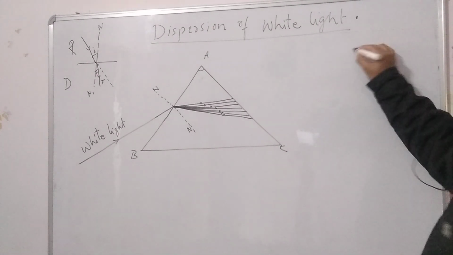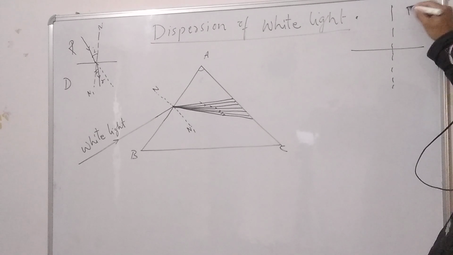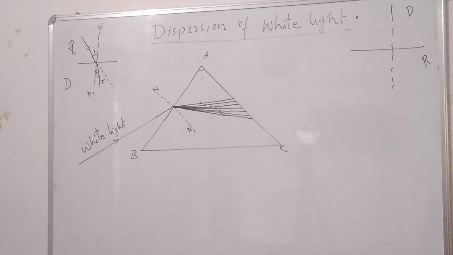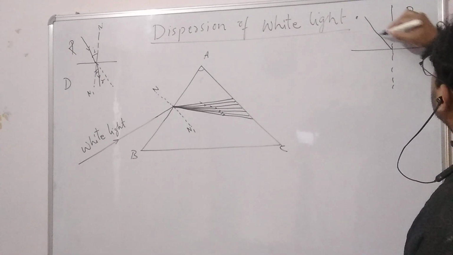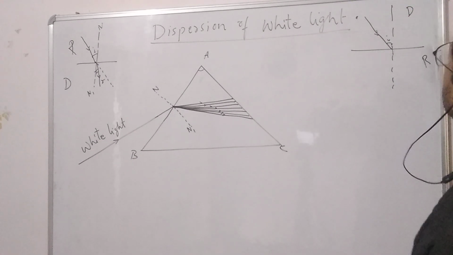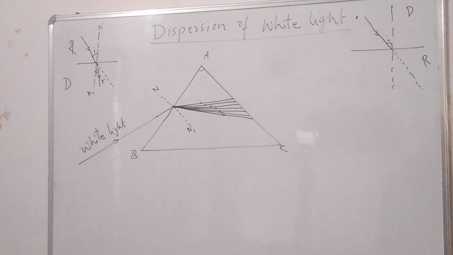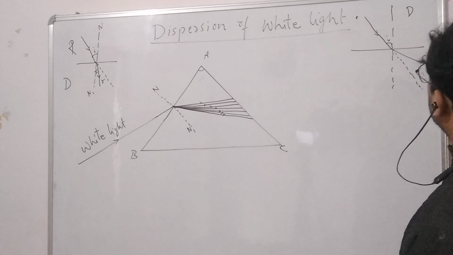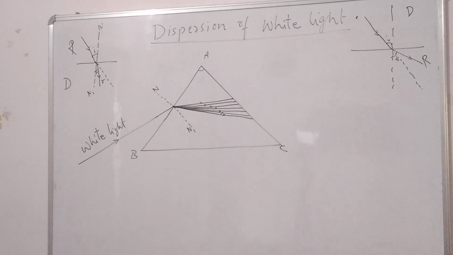Now again, when a ray of light is passing from denser to rarer medium, and this is the incident ray, then instead of following its original path, it bends away from the normal. This is the angle of refraction.